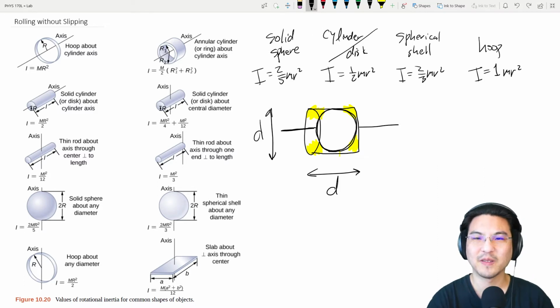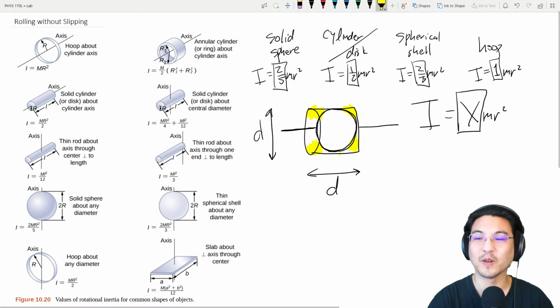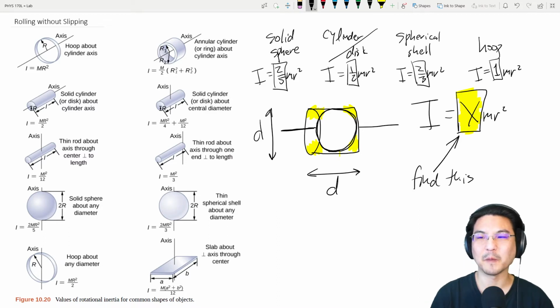Okay, now look at all this. What do they all have in common? They all look like some coefficient times mr squared. So for your experiment, the goal is to find that coefficient.